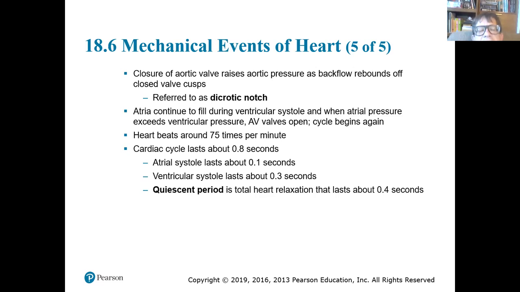The cardiac cycle will last about an eighth of a second, and the atrial systole, the high pressure in the atria, is going to be about 1/10 of a second. The ventricle will be about a third of a second.